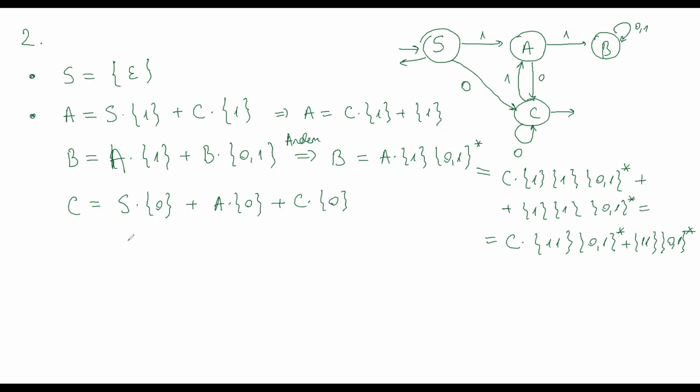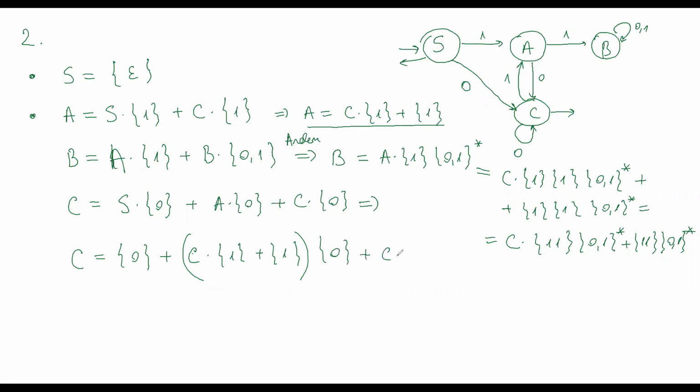And for C also, first I'm going to replace A in this equation. So I'm going to rewrite this equation to be C equals S times 0, which is just 0, plus, instead of A, I'm going to write this: C times 1 plus 1, which was A from this equation, times 0 plus C times 0.